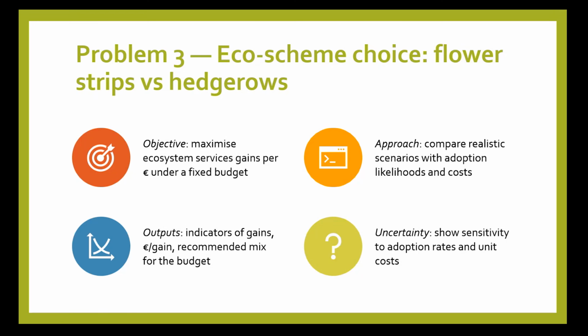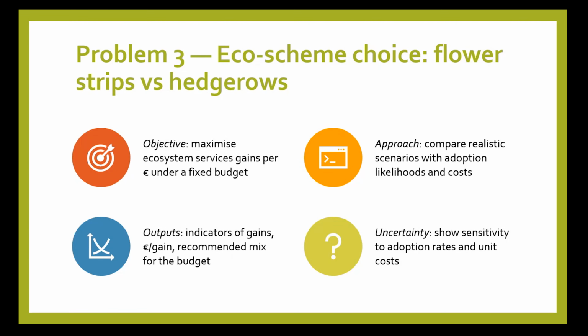So again, as an output, as a policymaker, we would like to have some indicators of the different gains. So for different KPIs that we want to monitor in terms of ecosystem services, farm performance, in terms of farmer economic performance, and the recommended mix for a given budget.